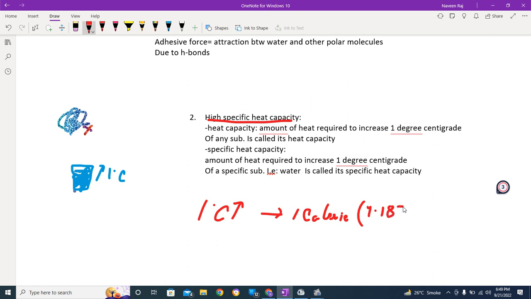So we can say that this is a high energy requirement as we compare it with other liquids.